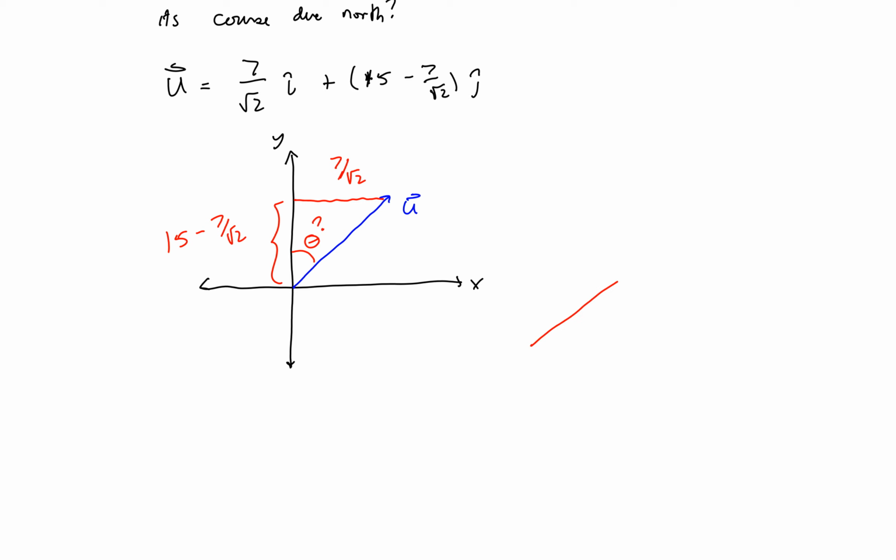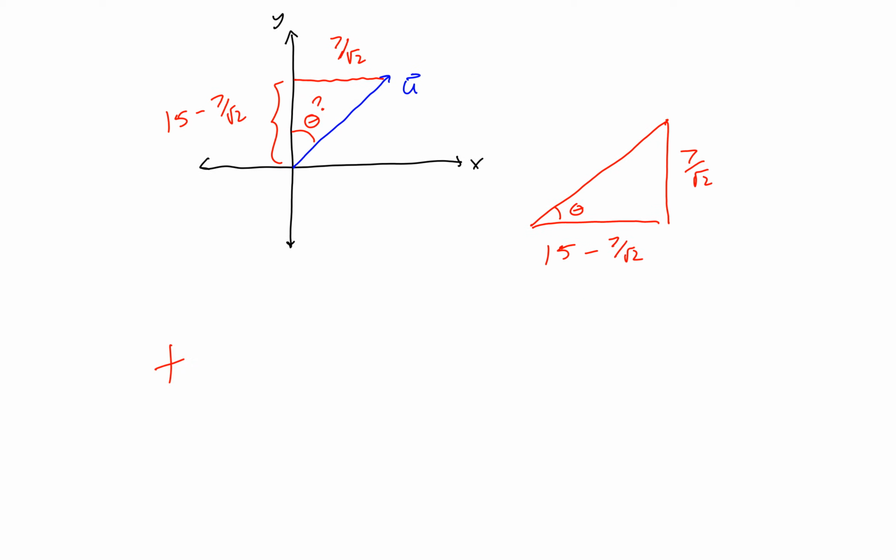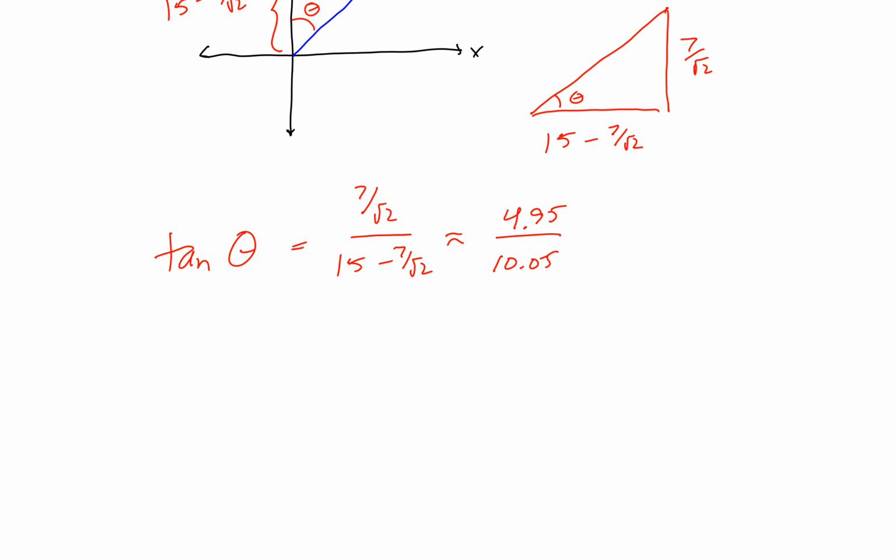So if I draw this triangle over here to the side, the opposite is 7 over square root of 2, and the adjacent is 15 minus 7 over square root of 2. So the tangent of theta should be the opposite over the adjacent. So this is about 4.95 over 10.05. And so we want arctangent of that.